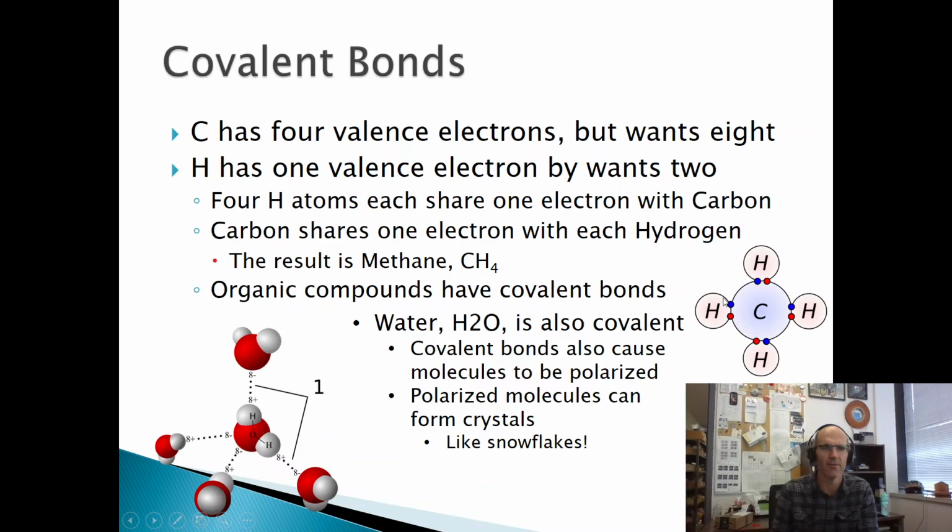Now I feel like I've got two in my outer shell. The carbon will say, great, I'll share that with you, and I'll share another with you, and another, and another. And now I've got a full outer shell myself. The result is methane, natural gas, and it stores energy really well.